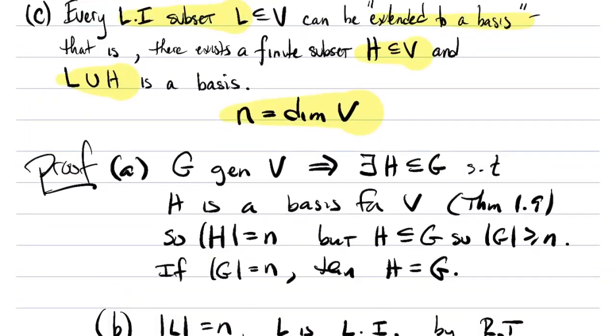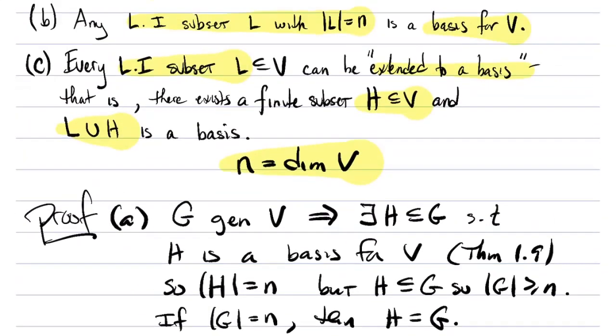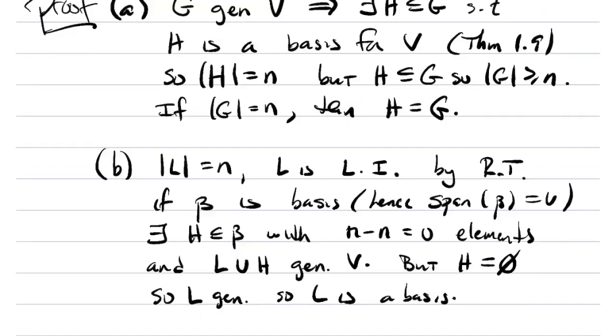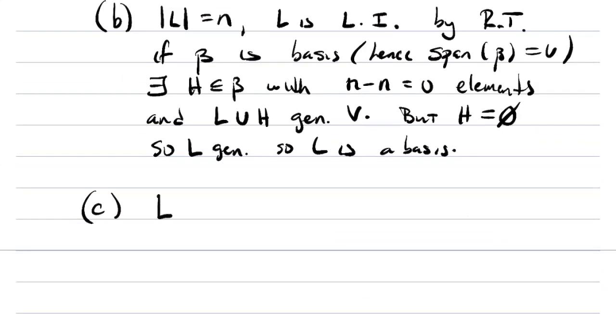Finally, what's the third one say? The third one is that every linearly independent subset can be extended to a basis. Okay, well, let's use the replacement theorem again. If you have this linearly independent subset L, let's say it has m elements in it.